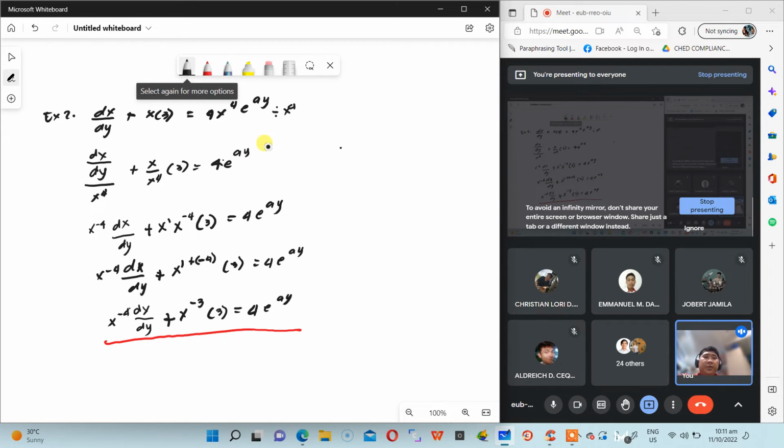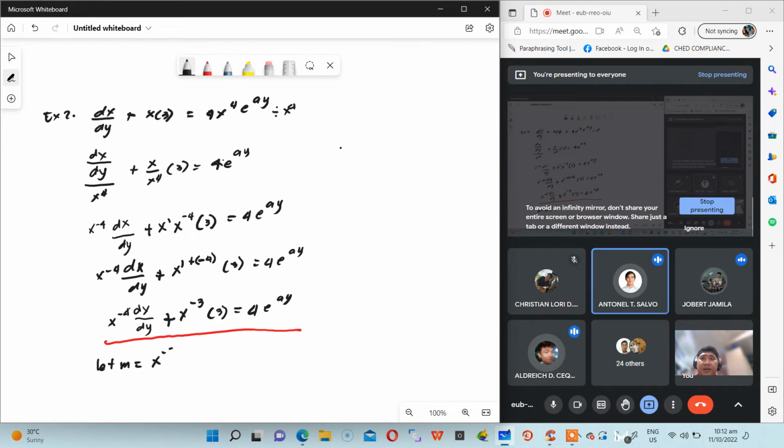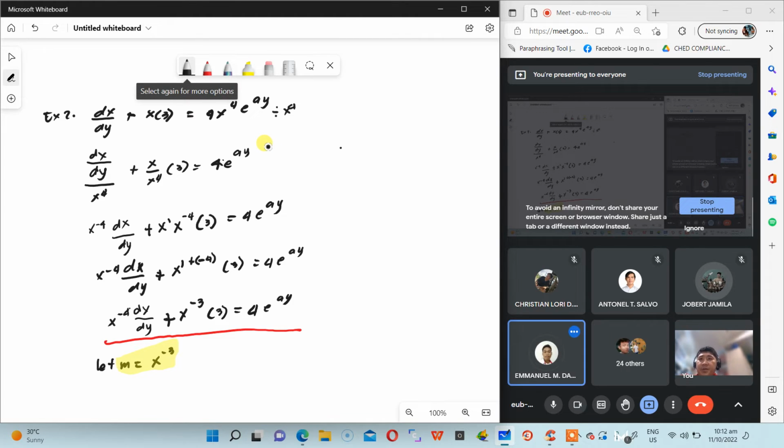So, what will I do next? Let m cancel. Let m equal x raised to the power of negative 3. Negative 3. Okay, very good. Then, next thing we'll do is derive. So let's highlight this because we will use it later.